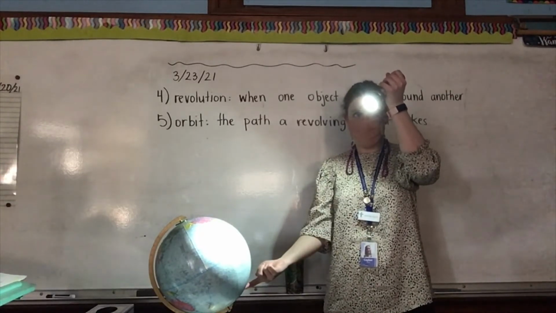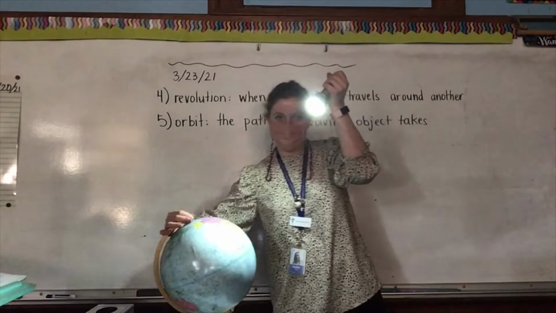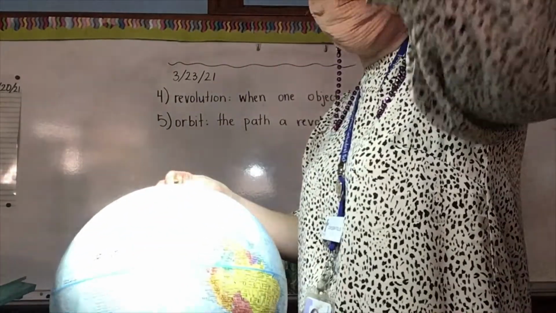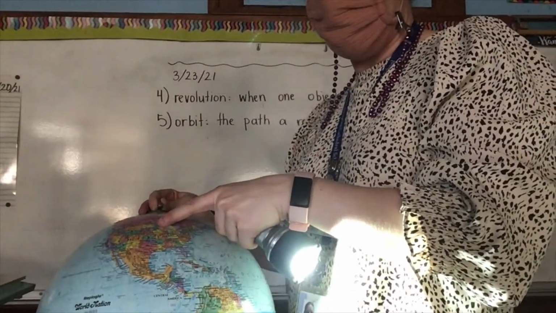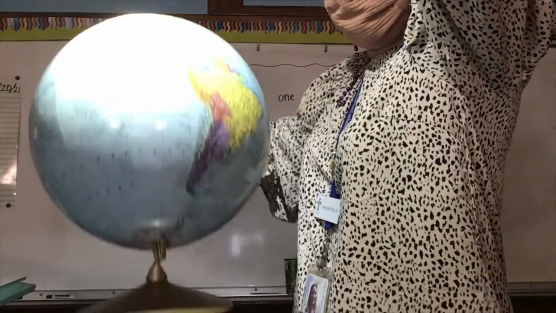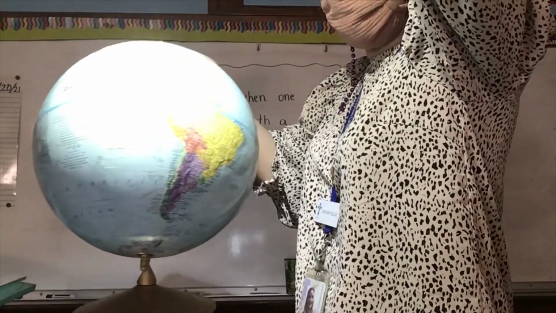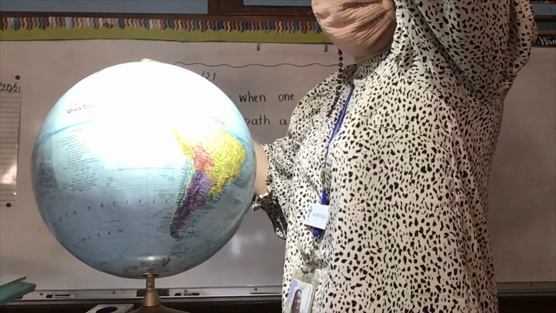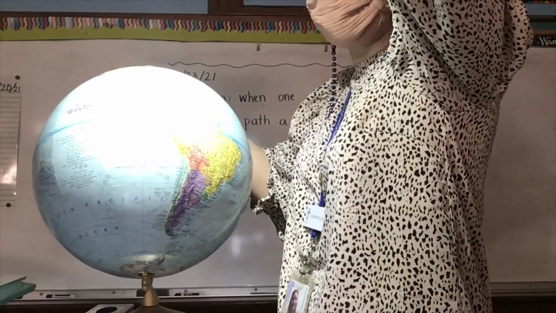Do you agree? I'll move it closer. North America, do you see? It's right here, closer to the sun than South America. You can't see North America because it's so bright. You can see South America.